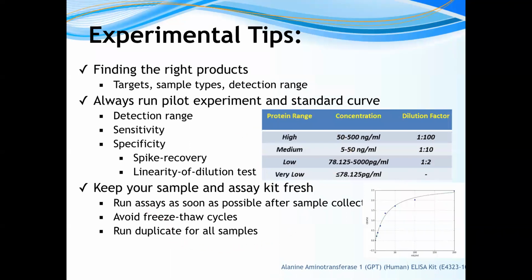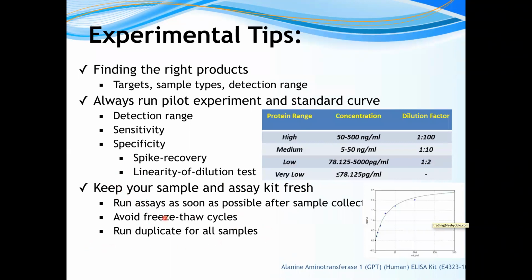Furthermore, it is also very important how you prepare the sample and how you store the kit. It's very important to run the assays as soon as possible after sample collection. Avoid freeze thaw cycles, and run duplicates for all samples if possible.